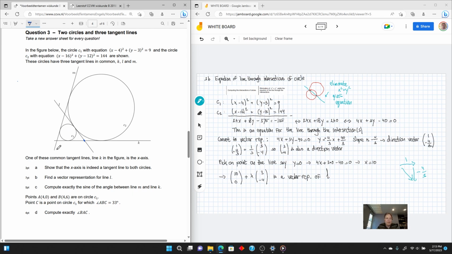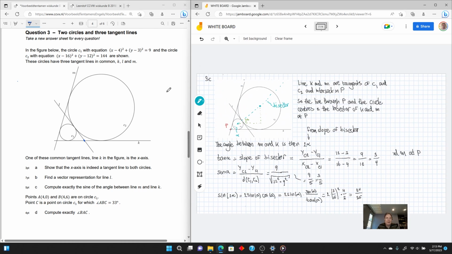Then question C, compute the sine of the angle between M and K. Yeah, this might be a little bit tough.